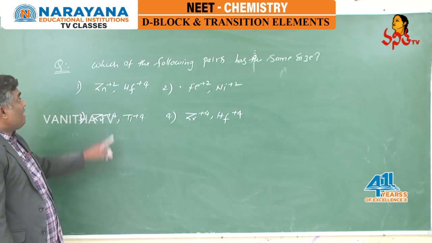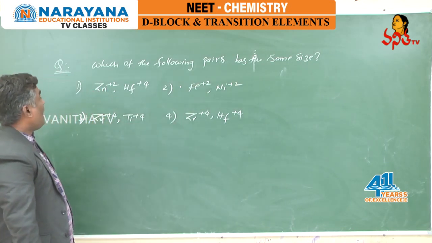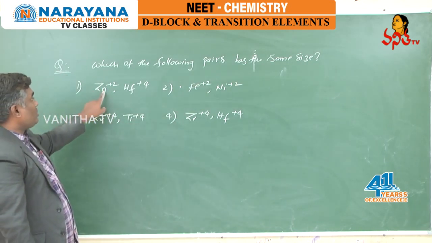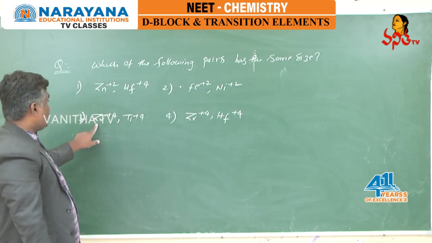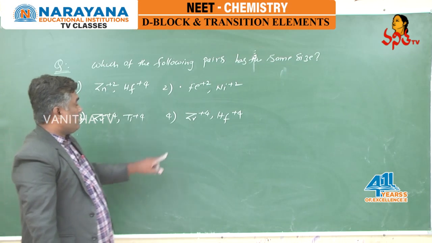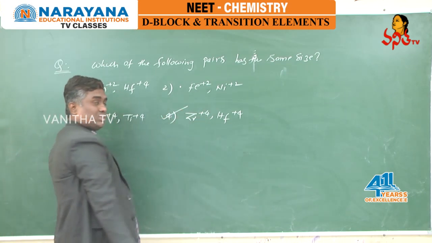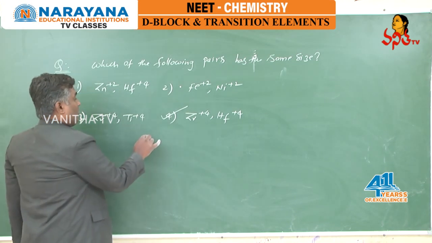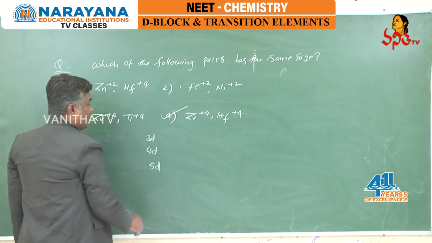Now the question is, which of the following pairs has the same size? Options are given: zinc plus 2, hafnium plus 4; iron plus 2, nickel plus 2; zirconium plus 4, titanium plus 4; zirconium plus 4, hafnium plus 4. So the answer should be the fourth option. The reason: we learned just now the 3d series, 4d series, 5d series.